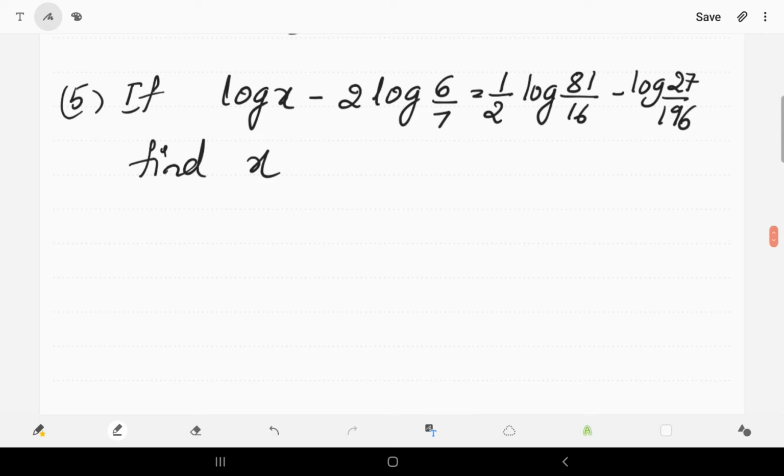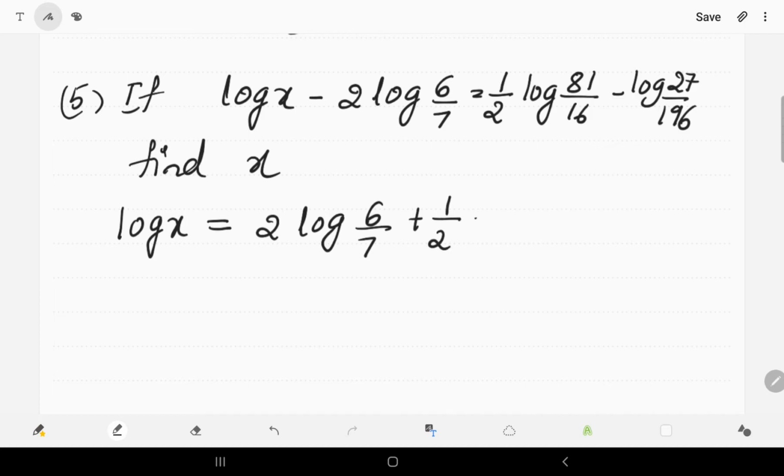So I can write this as log x is equal to, I kept log x in the LHS and all other in the RHS, that is 2 log 6 by 7 because minus is there, plus 1 by 2 log 81 by 16 minus log 27 by 196.